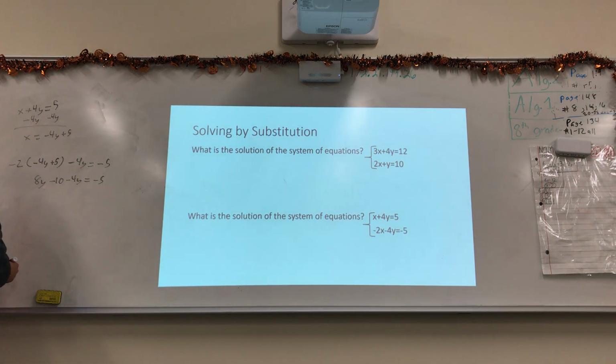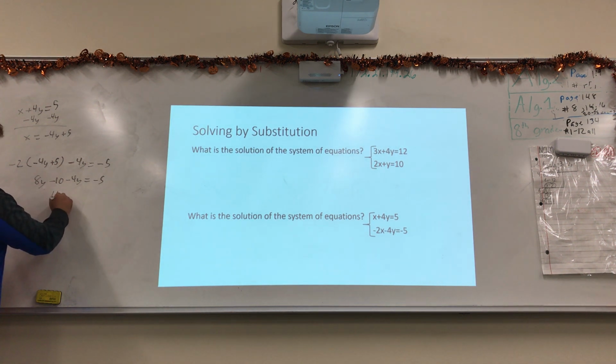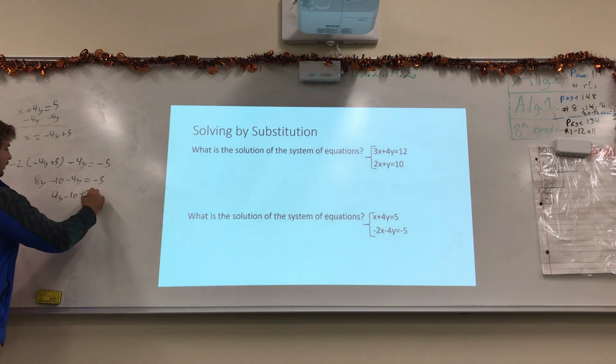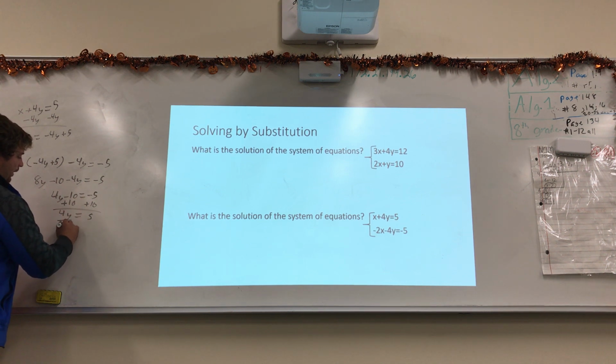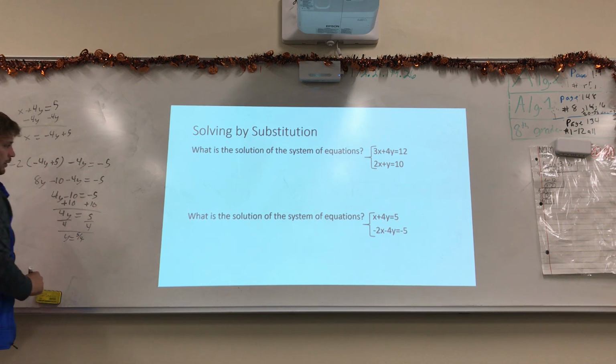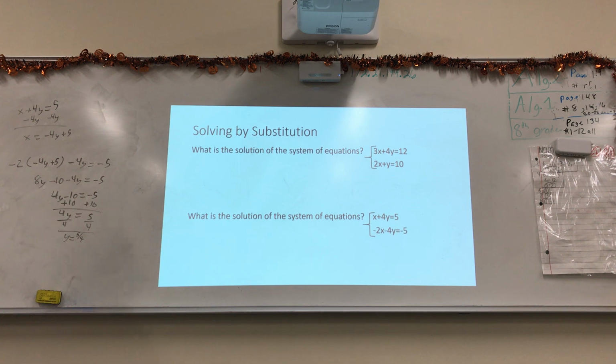When I added those two together, I'm going to get 4y minus 10 equals negative 5, plus 10, plus 10. You're going to get 5 over here, 4y equals 5. Divide by 4, divide by 4. You get y equals 5 over 4, which would be 1.25.